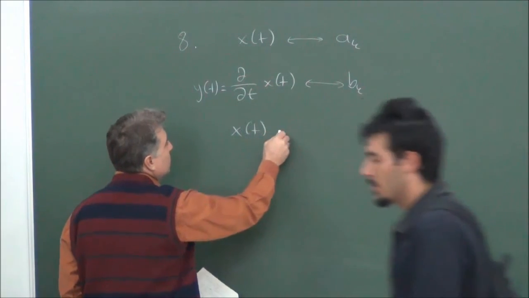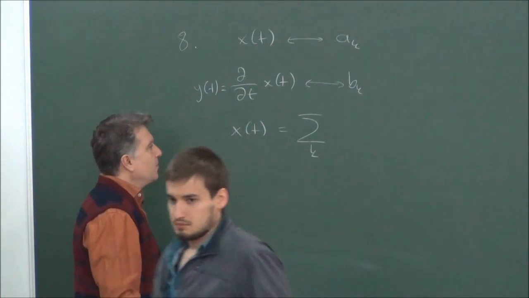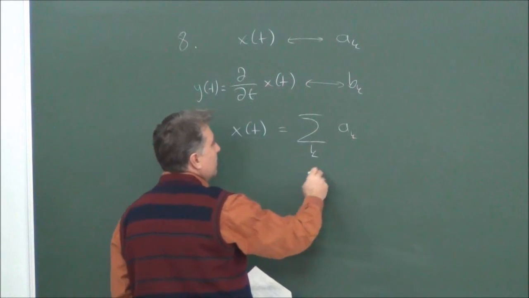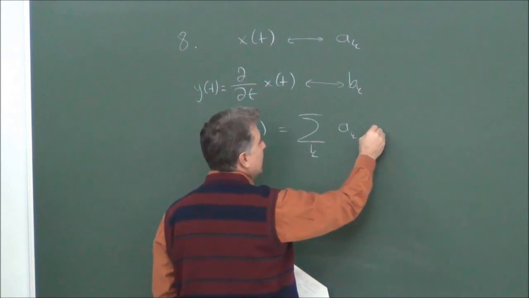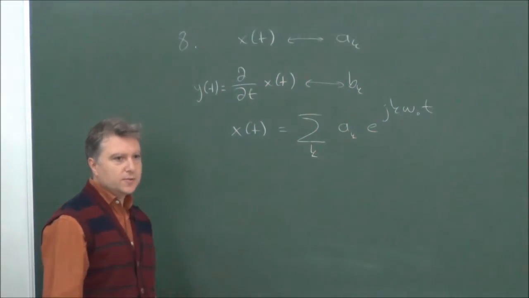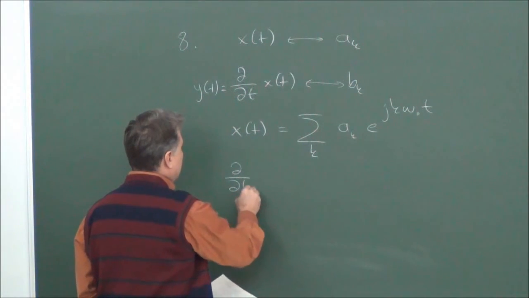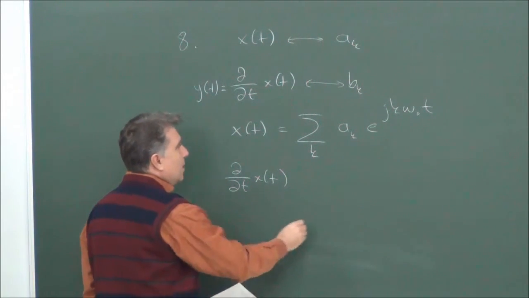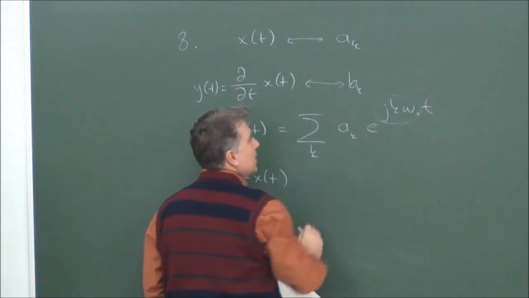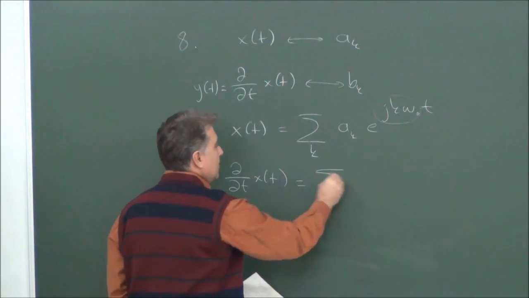All you need to do is write down the Fourier series coefficient representation of x of t, which was something like this. For all k from minus infinity to infinity, ak e to the jk omega 0 t, as we all know, for a periodic signal x of t. When you take the time derivative of this, what comes out of this expression is nothing but this thing coming to the side of ak.